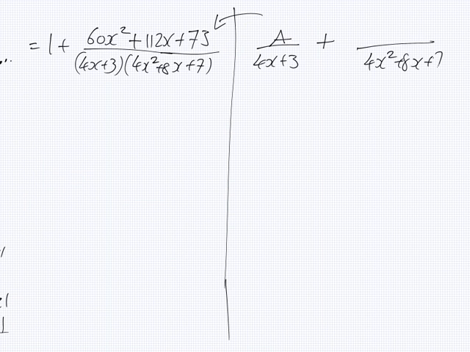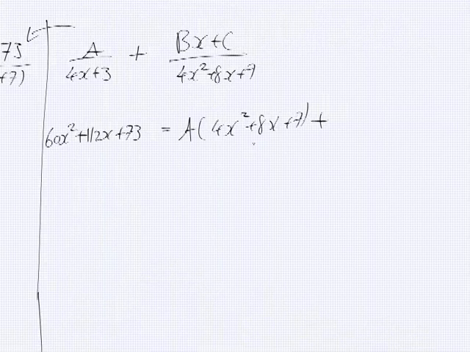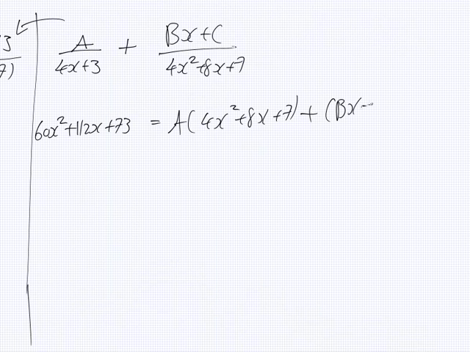Bx plus C. So we'll do our trick and we'll end up with 60x squared plus 112x plus 73 equals A times 4x squared plus 8x plus 7 plus Bx plus C times 4x plus 3.